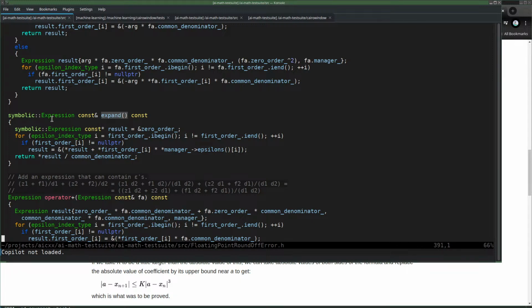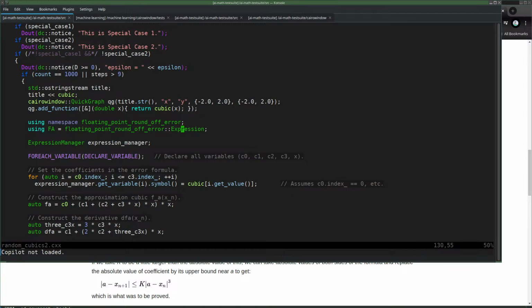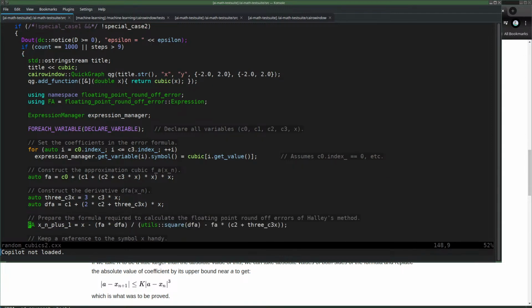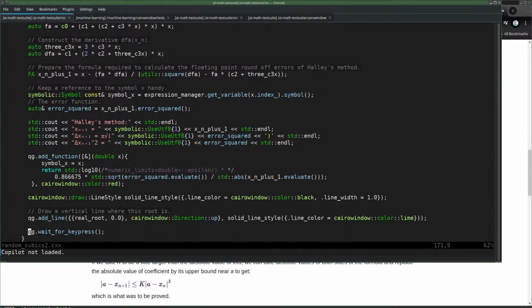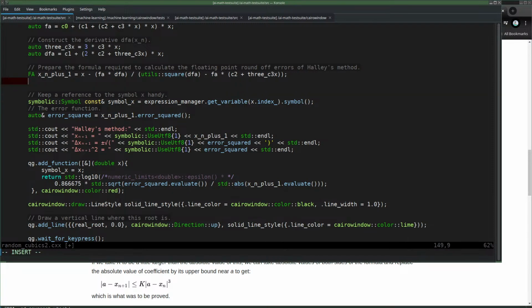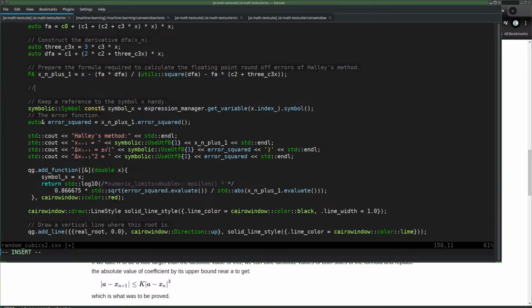Expand turns it into a symbolic expression. Might as well do that already here then. I think, anyway.